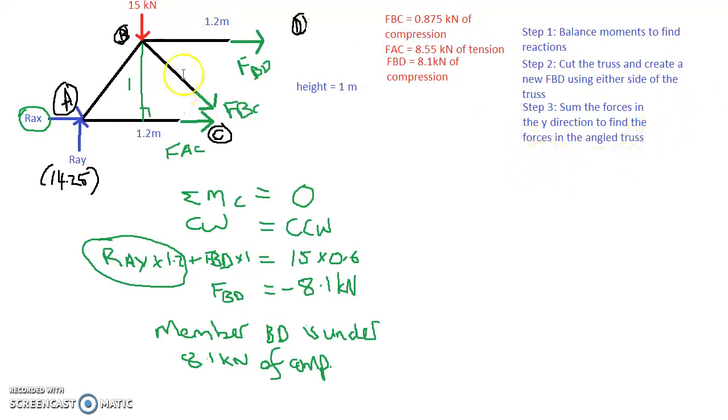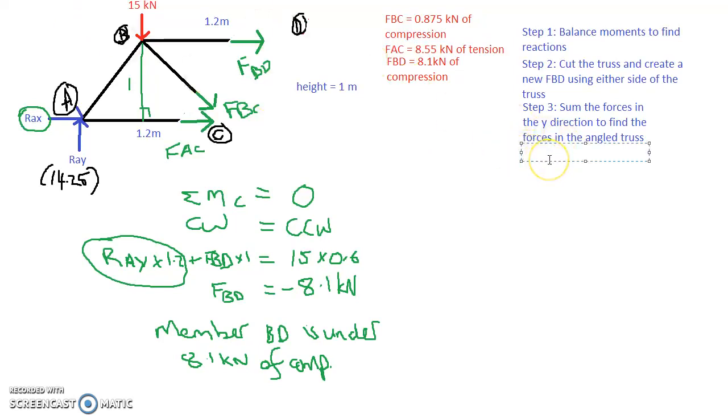Okay, so that's what we did in the last video. We realized that FBC is the only unknown acting in the y direction. So if we sum the forces in the y direction, we eliminate FAC and FBD from that equation because they're not acting in the y direction at all.